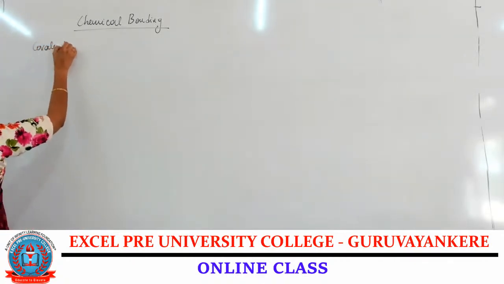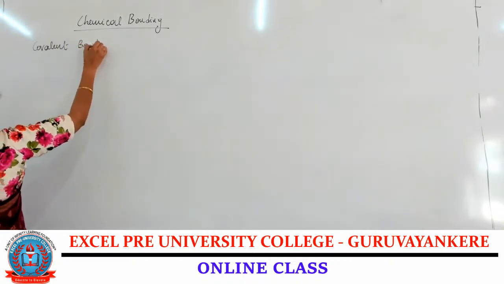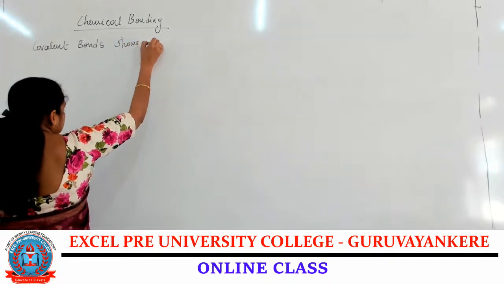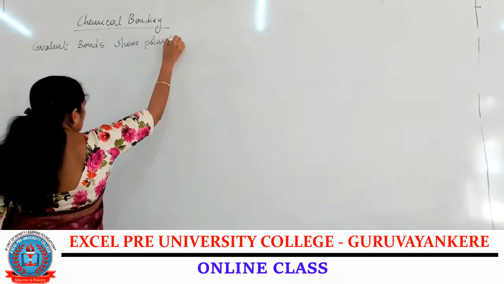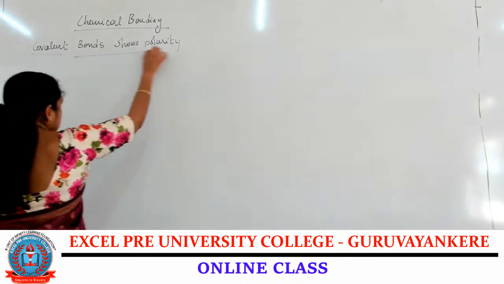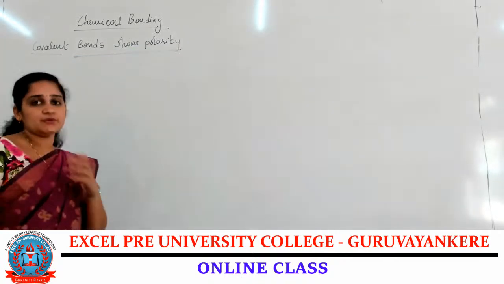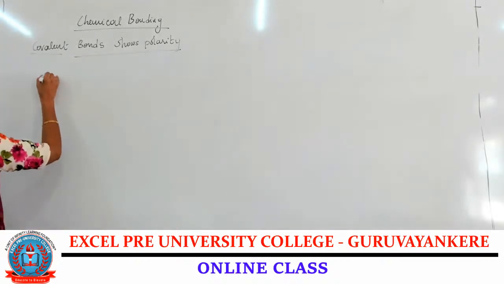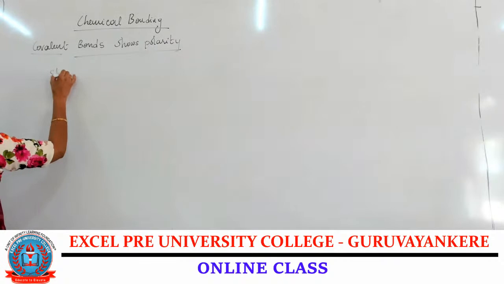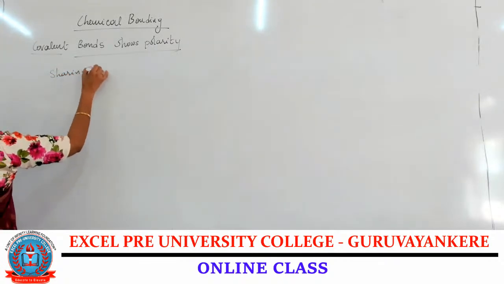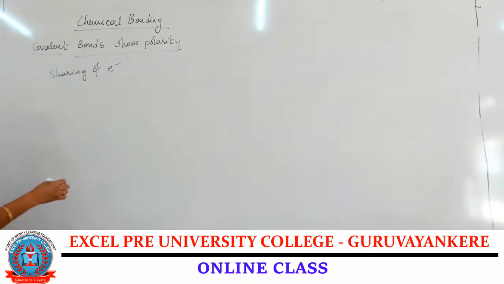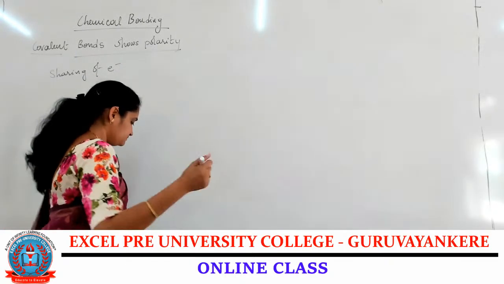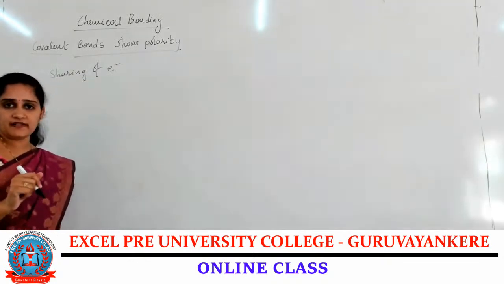covalent bonds. Covalent bonds show polarity, which we need to study. We know that a covalent bond is formed by mutual sharing of electrons.